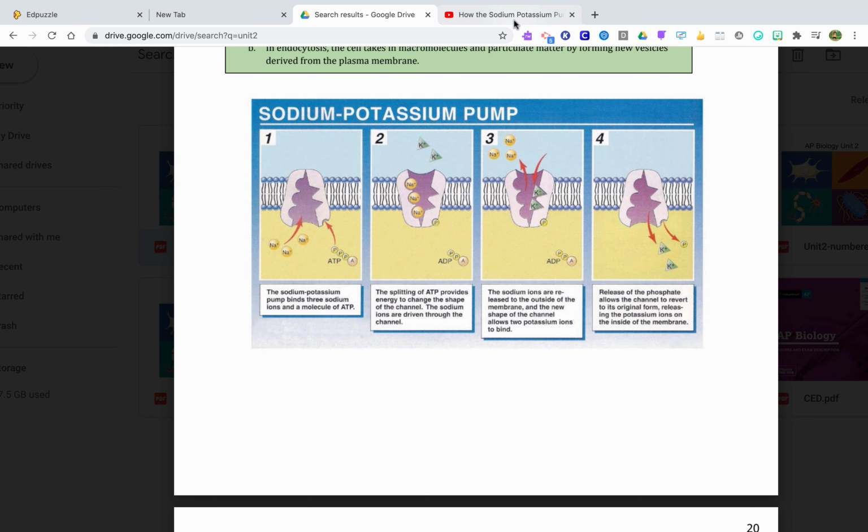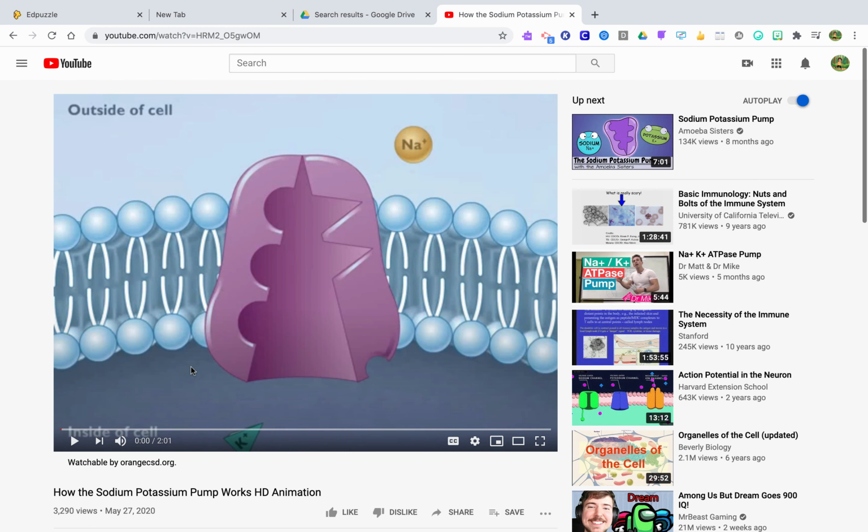Okay, so let's look at how the sodium potassium pump works. This is going to be like a cartoon version of it. It is based on shape and charge on the protein, but again, it's not going to be like 3 circles to 2 triangles. But they're just showing you that for sake of understanding how that's happening.